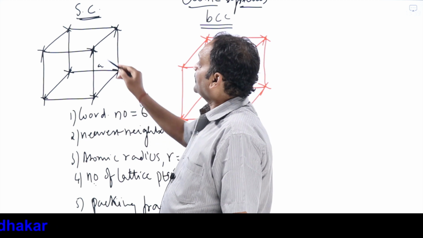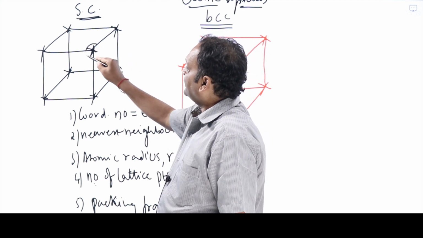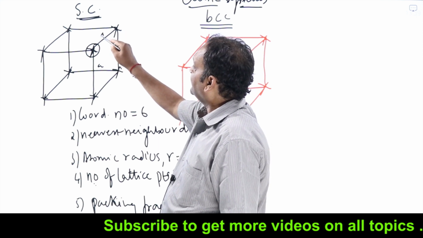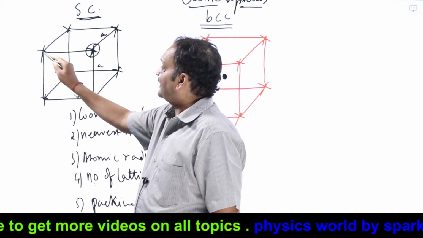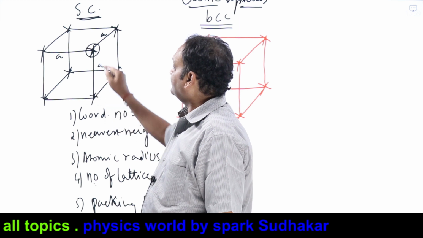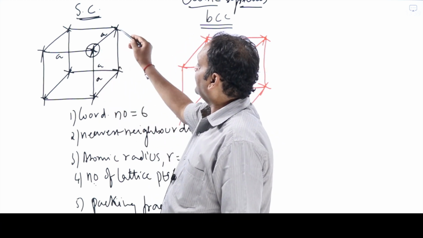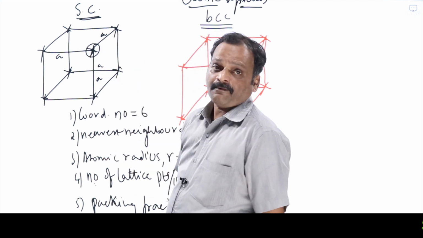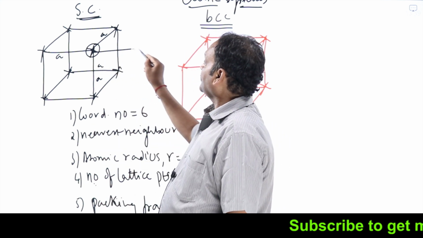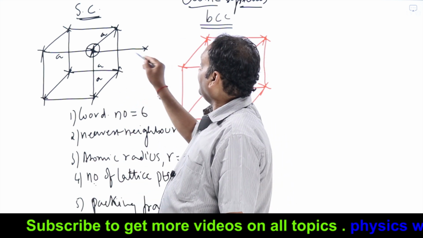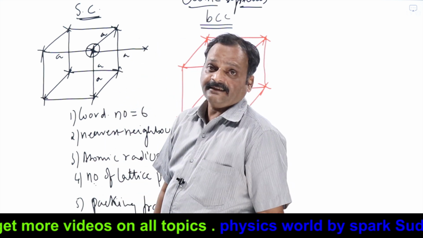Take for example, as in the last video, this lattice point is at a nearest distance a. This lattice point is also at a nearest distance a. This lattice point is also at a nearest distance a. So apparently there are 3 in our unit cell. There will be one more unit cell on our right, and there will be one lattice point here which is also at distance a only.